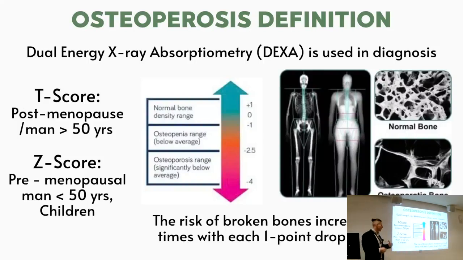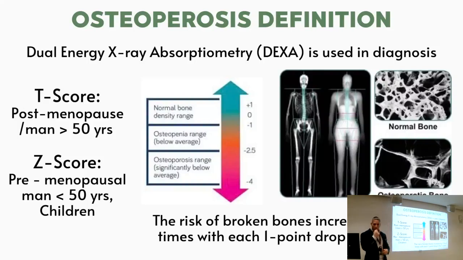And what we do is we scan different points on the skeleton, so usually it's the neck, the vertebrae with the discs, the hip, the wrist, and the ankle are scanned. And then what you do is you compare the score that you got to a healthy adult, okay?